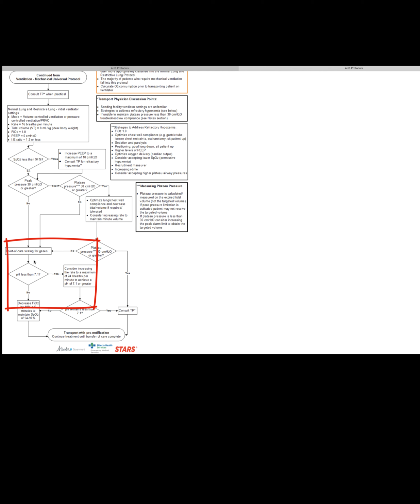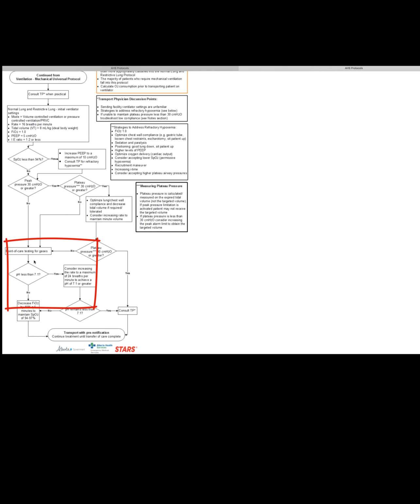The danger with increasing the rate is your E time will be shortened, of course, if you don't change the I time as well, and that can lead to the potential for breath stacking. So if you don't have evidence of that, I think it's a very reasonable thing to increase the rate to try to gain some respiratory compensation to improve that pH.